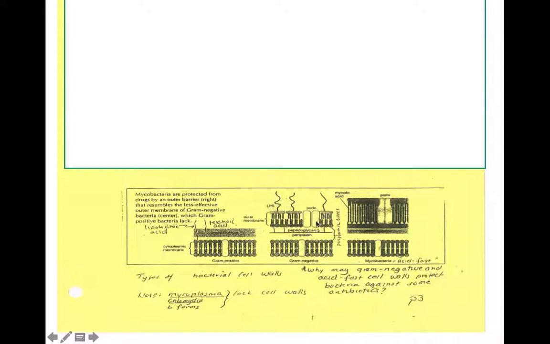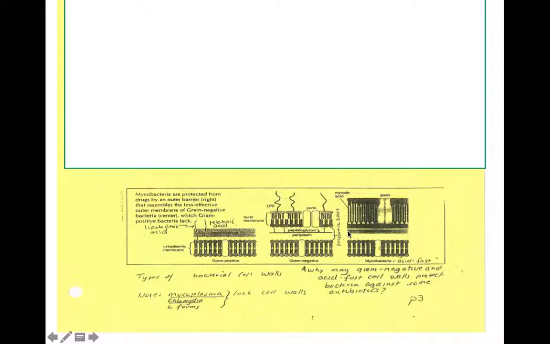And here's a lovely little outer membrane porin. And remember, large hydrophilic substances have to have the right size and shape and charge to pass through the porins if the substances are going to reach the periplasmic space and then subsequently the cell membrane. Here's our acid-fast bacterial cell wall, as we would find in Mycobacterium.